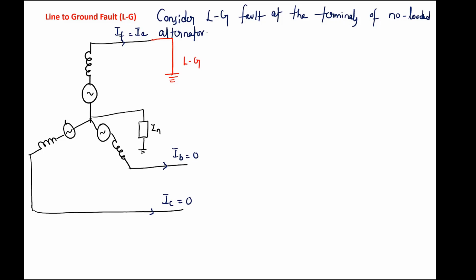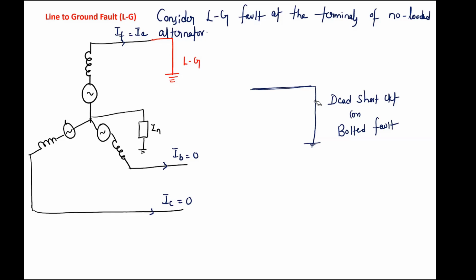What I'm trying to tell is, if any live conductor, either at the terminal of a generator, a transformer or a transmission line, directly comes in contact with the ground, it is called a dead short circuit. The other name is bolted fault, bolted short circuit or dead short circuit.